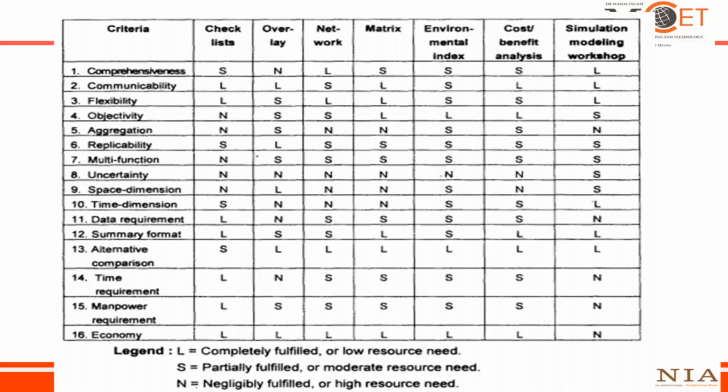So that is actually not so good when compared to the network method and matrix method, where you will be trying to find out the relationship between the parameters, relationship between the impacts, and whether you have only primary impacts, or we have got something called secondary impacts, tertiary impacts, meaning how the impact is progressing, right?